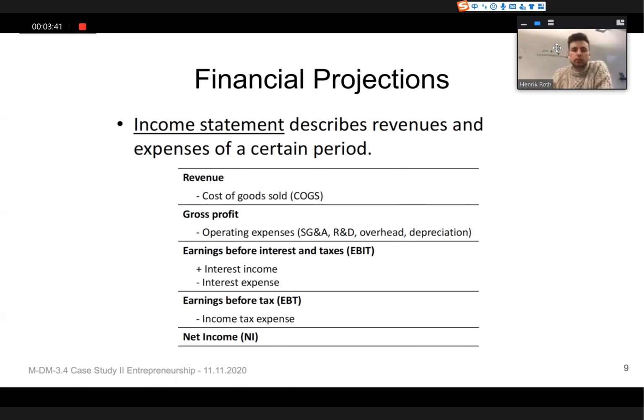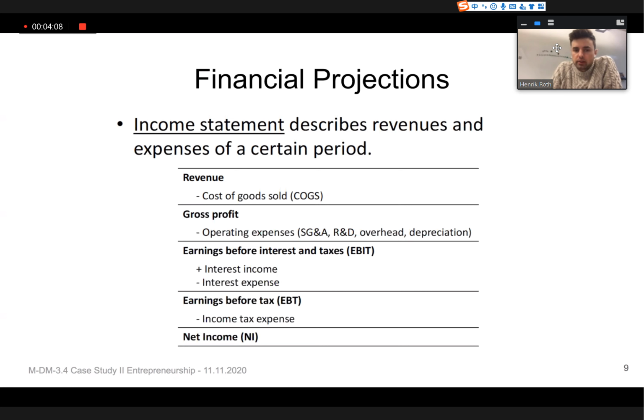It's like the rent of your office. It's also the overhead costs, meaning the employees, your wages. It's some developing and innovation costs, research and development costs, and so on. So basically all costs which you have around selling your products.